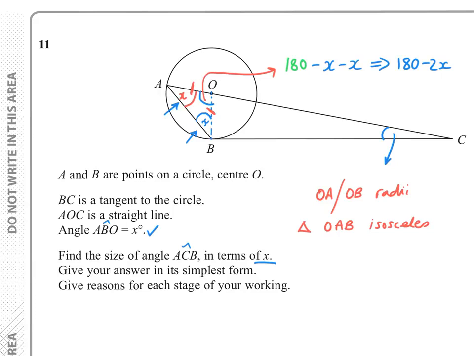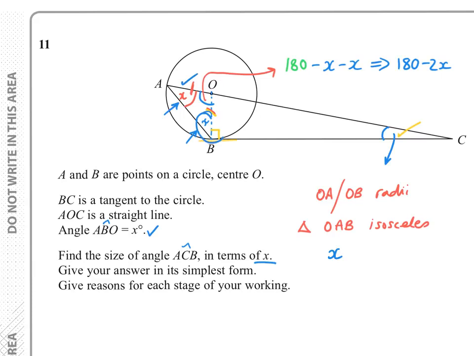Now, the next thing to think about is that the angle between a radius and a tangent, because don't forget it said BC was a tangent, well, this is 90 degrees. So we can now find this angle here, because in the triangle ABC, we already have x for this angle.